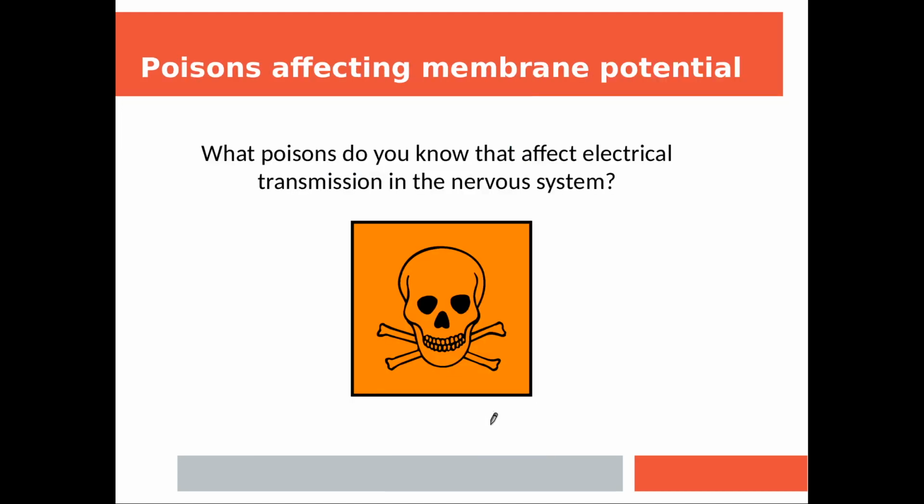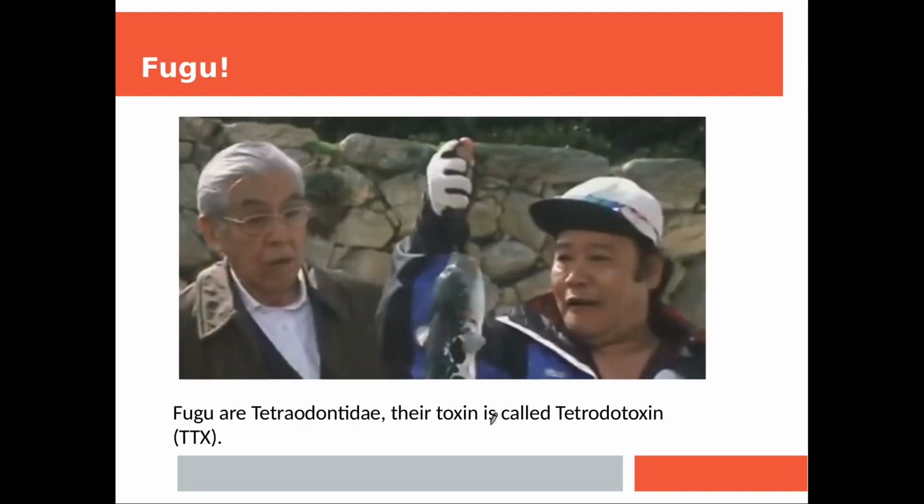So now, just quickly, for fun, I want to ask if you know any poisons, any nervous system poisons, neurotoxins. Can you think of any famous ones? Well, we're in Japan. Fugu. Actually, fugu are poisonous because of a neurotoxin. They have a toxin called tetrodotoxin, TTX.